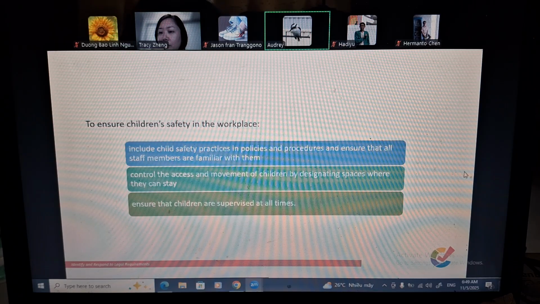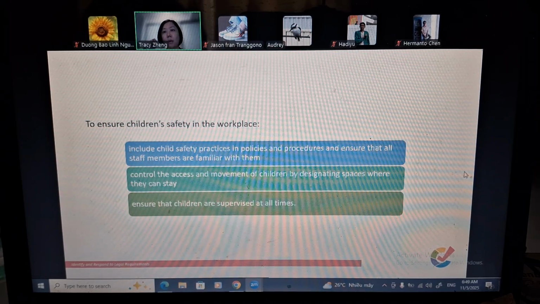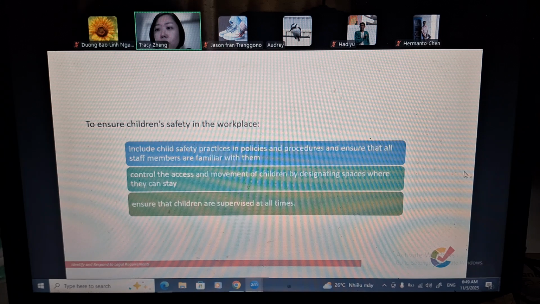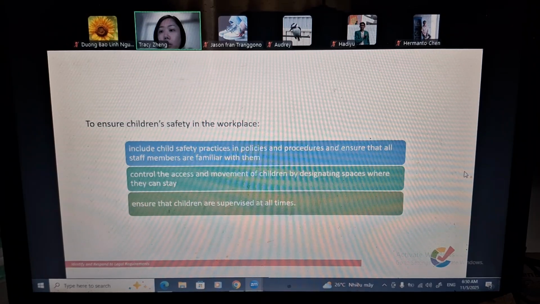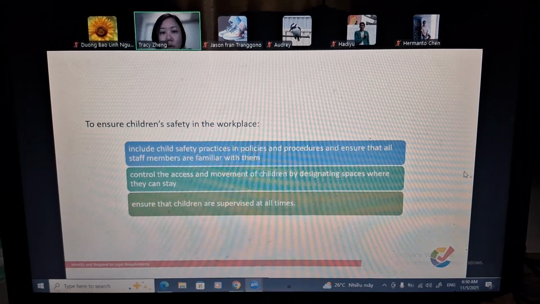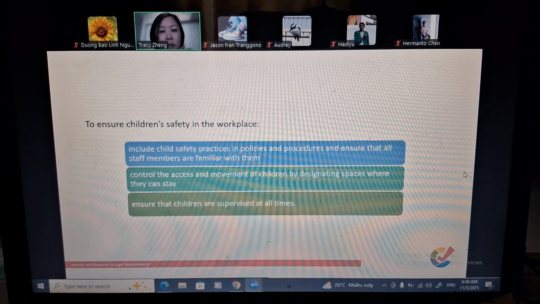You know, sometimes they leave the door open so they can go smoke in the stair. Yeah, for sure. And also don't forget the chemical room, right? Those areas keeping the chemicals need to be locked at all times. Only certain staff can access those areas. So definitely it's not a playground for the kids.